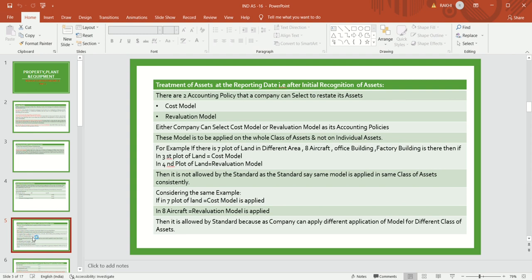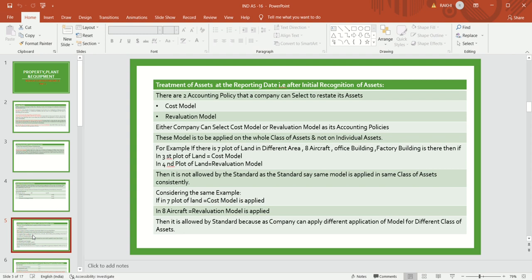Means if they are following the cost model, then they will follow the cost model for all 7 plots of land. They will not be allowed to use the cost model on 3 plots and the revaluation model on 4 plots. That is not allowed by the standard. The standard says that if the nature and class of the asset is the same, please apply the same model on those assets.